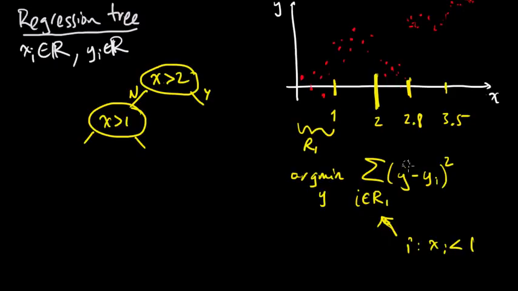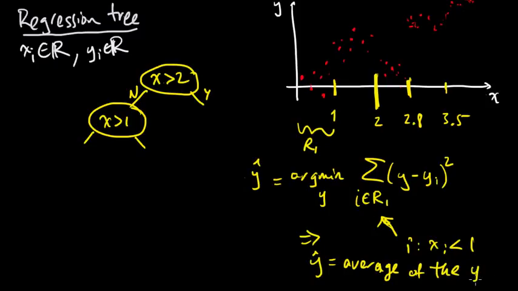We want to minimize this over y's, and if y hat is the minimum, then that implies that y hat equals the average of the yi's in this R1. So this is the minimizer. So we're going to take this error and we'll minimize it in each leaf.